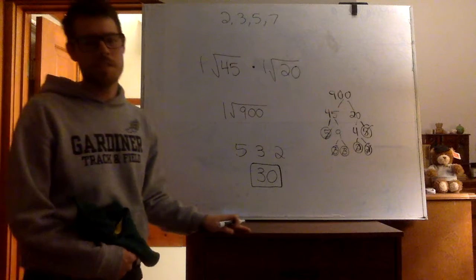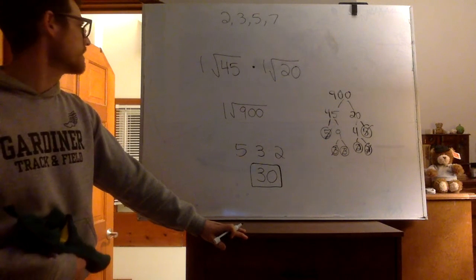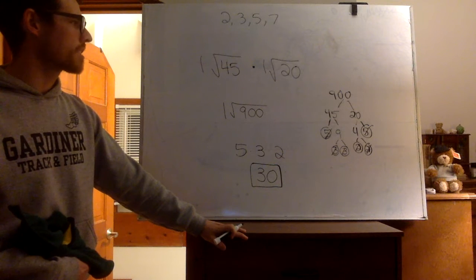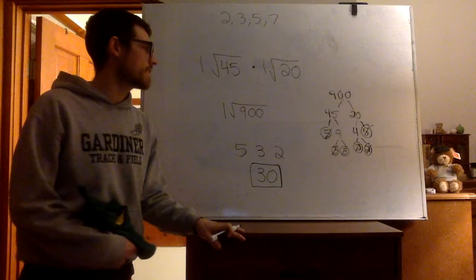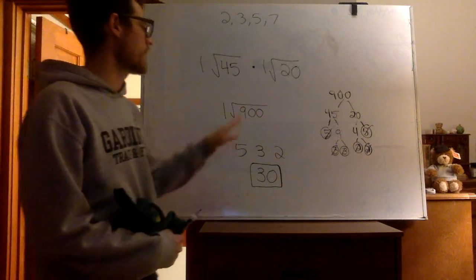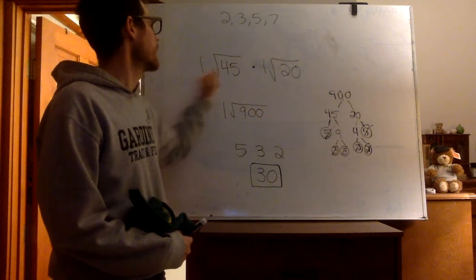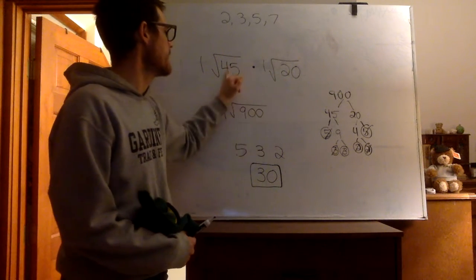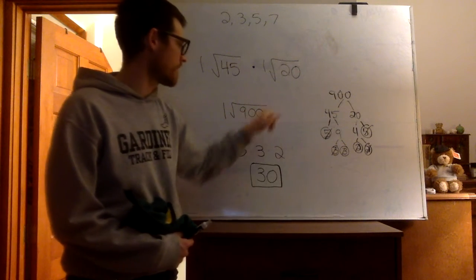Very cool. So you've seen all of the skills and strategies that we have for solving when you're multiplying radical expressions. They don't have to be the same like they did in addition. They can be different. We're still going to have to pull pairs out once we do our multiplication on the outside and on the inside. The inside part is the part that needs to be simplified because it's under the radical.